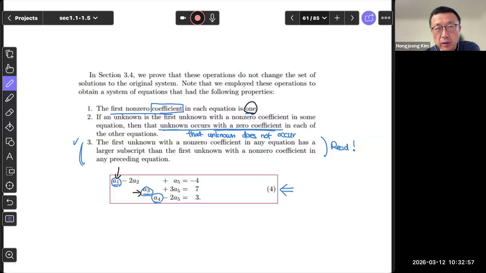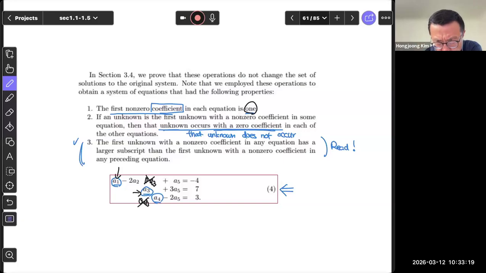Then A3 appears with a zero coefficient in the first and third equations, because in the first equation we have 0 times A3, and in the third equation we also have 0 times A3. So those terms just disappear.